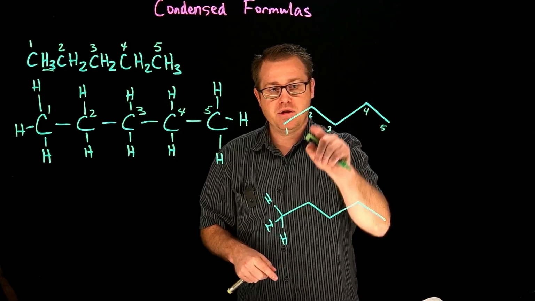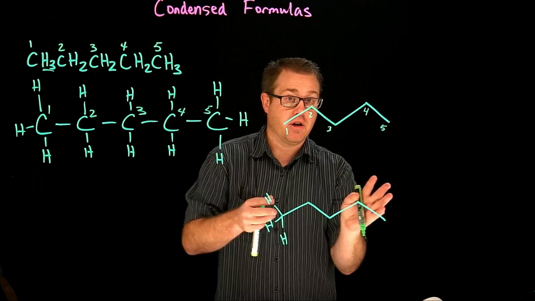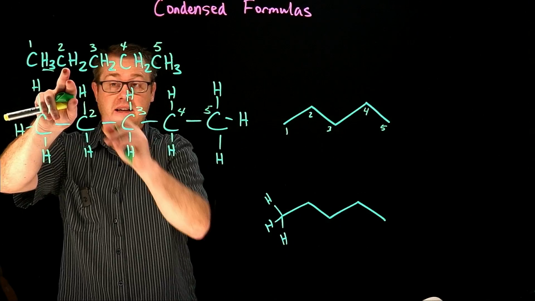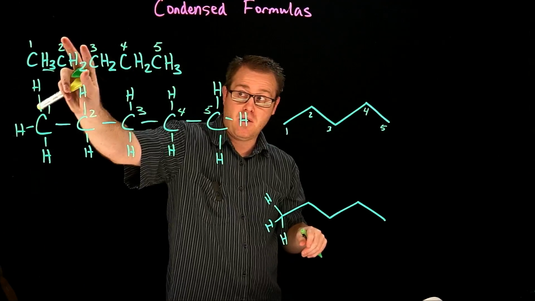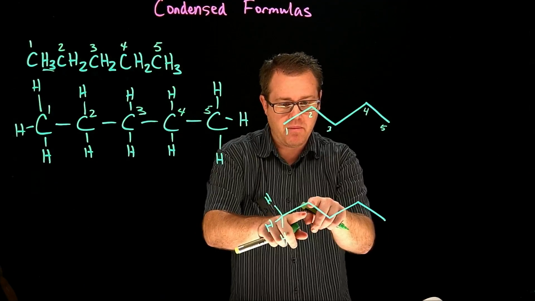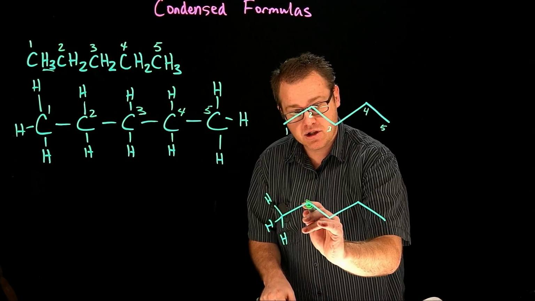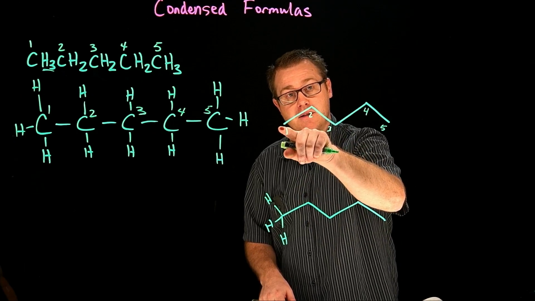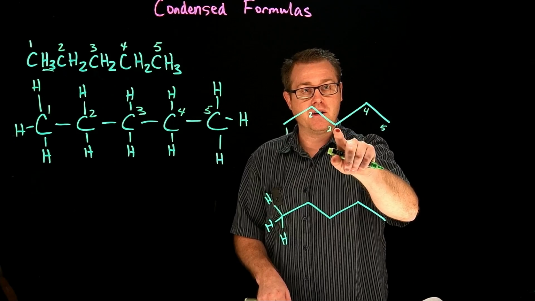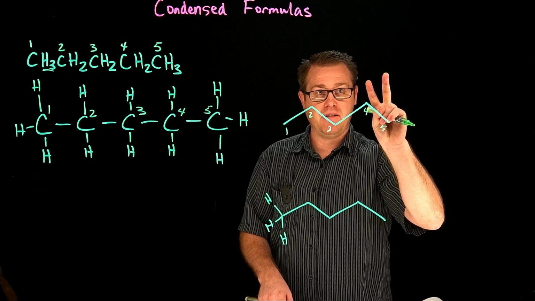So for carbon 2, how many hydrogens should there be here? If we go back to this condensed formula, carbon 2 has 2 hydrogens. But if we don't have that, how many should there be? Carbon 2 has 1 bond to carbon 1 and 1 bond to carbon 3. So that's 2 bonds. How many bonds does carbon have to have? 4.